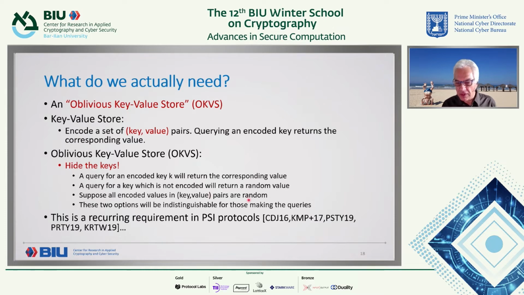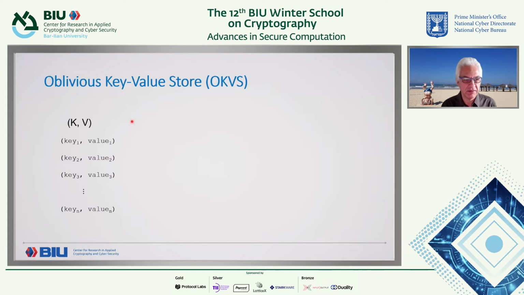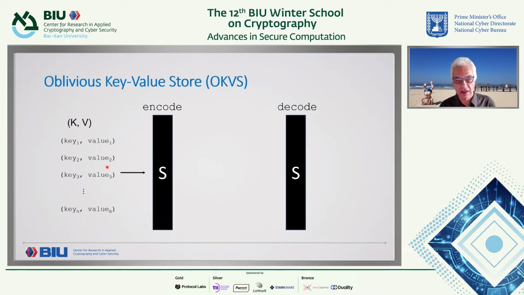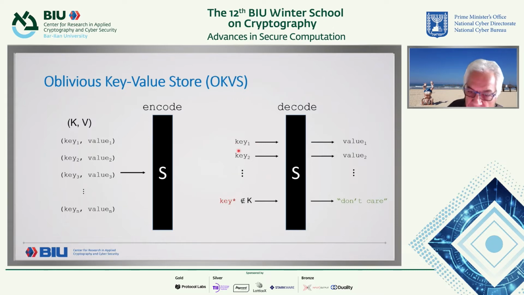Apparently, if you look at a whole set of modern PSI protocols, they all implicitly use this Oblivious key value store. You have a set of keys and values, and when you query for the keys, you get a value. When you query for something which you didn't encode, you get a don't care.